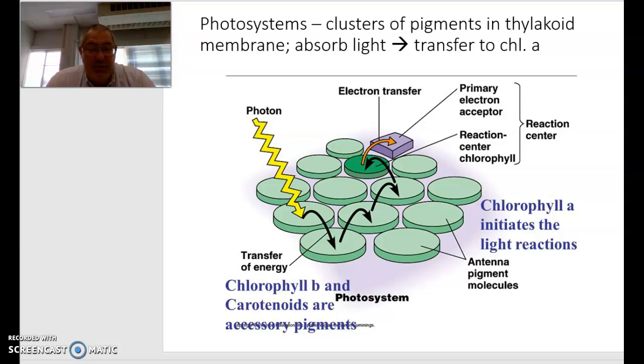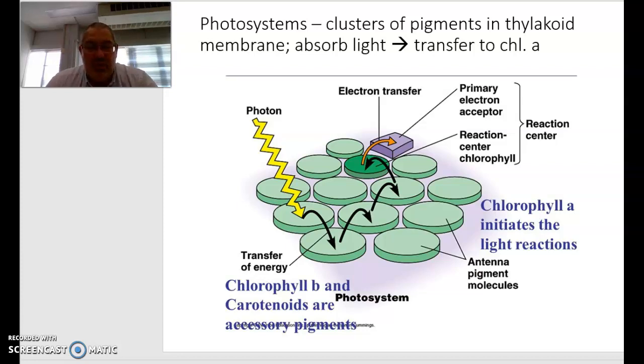One is called photosystem 2, one is called photosystem 1. They absorb light energy in a little bit different range of wavelength in the visible light spectrum, and that's where they get their names as photosystem 1 and photosystem 2. Well, when we get to the next slide, I'll mention that designation a little bit more.